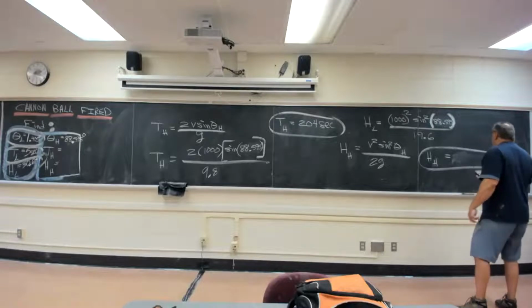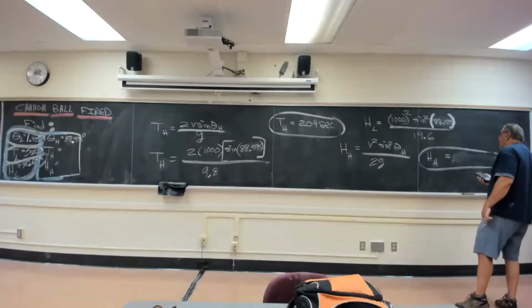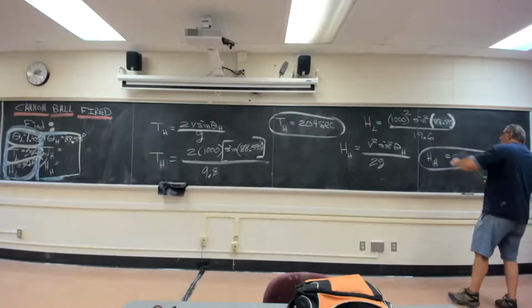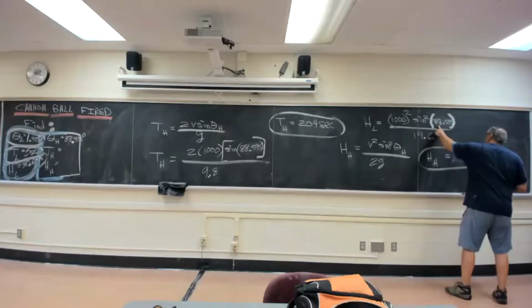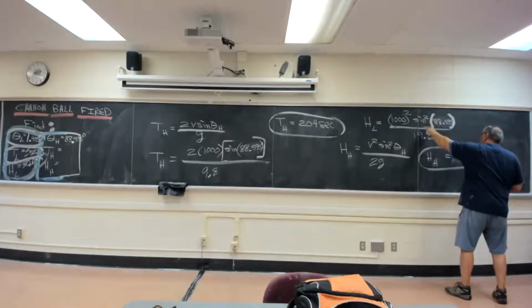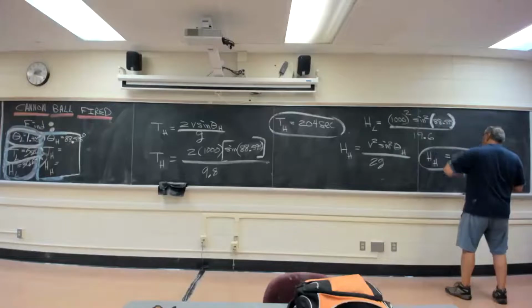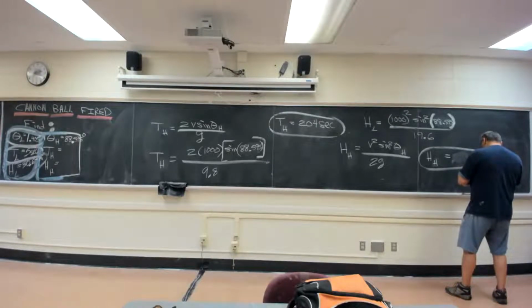The sine of 88.595 squared is going to be equal to that times 1,000 squared, which is 1,000 times 1,000, which is 1,000,000, divided by 19.